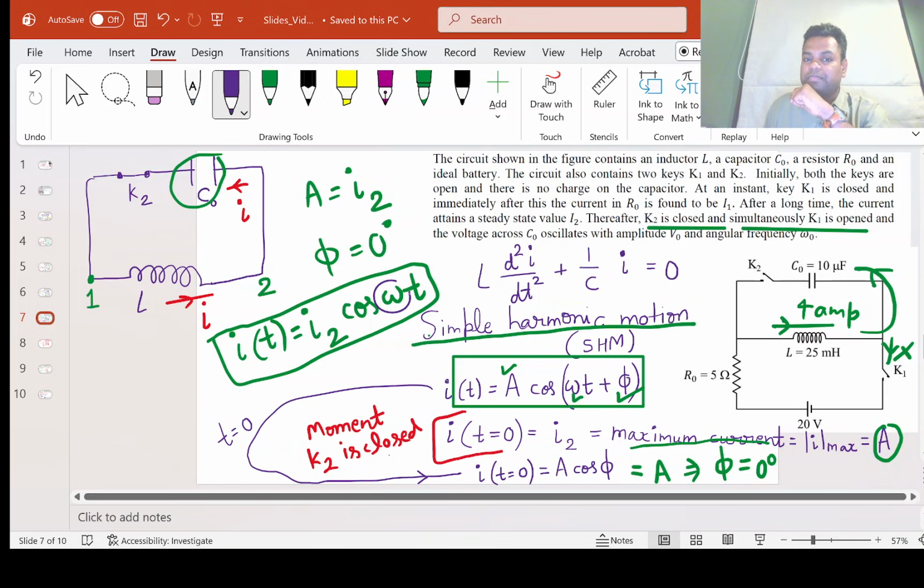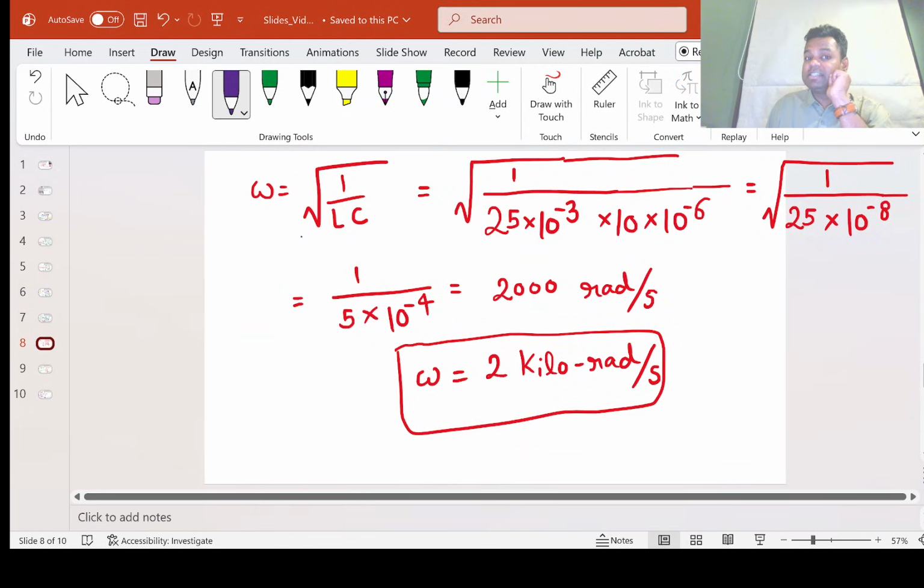Now what is omega? You should know that for simple harmonic motion in an LC circuit, omega is the square root of 1 by LC. You must know these formulas by heart when you go to the JEE exam. You will not have the time to find these formulas. So you plug in the values of L and C, and be careful, this is milli and this is micro.